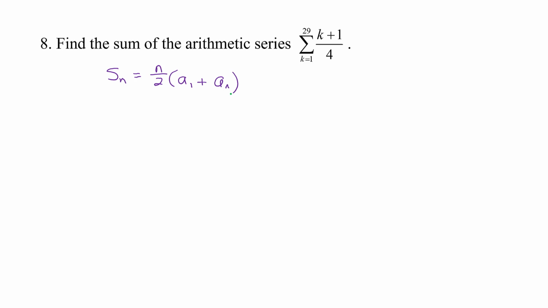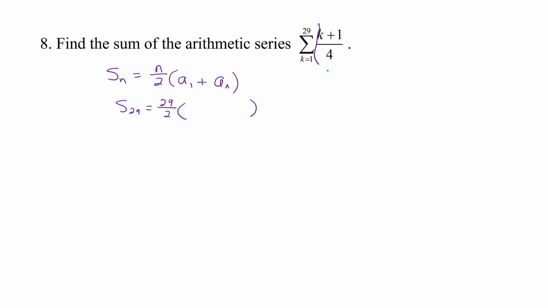Okay, so this would be a finite arithmetic series, and we go from k equals 1 to 29. That tells me that I'm finding the sum of the first 29 terms, so I'm going to plug in 29 for n, and then I just need to get my first term plus the last term.